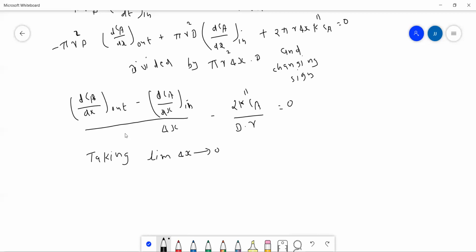So it becomes d square CA divided by dx square, minus 2k double dash CA divided by r, is equal to 0.